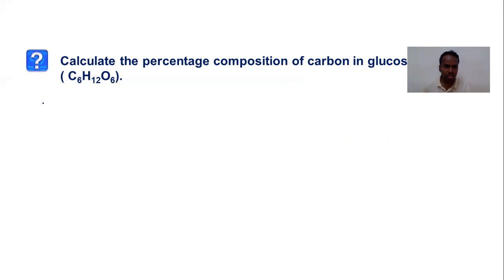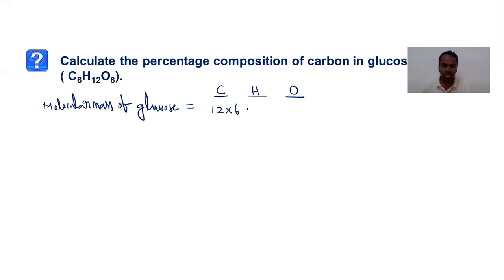So the molecular mass of glucose. Here glucose contains three elements: carbon, hydrogen, oxygen. Each carbon atomic mass is 12, and how many carbons are there? 6.